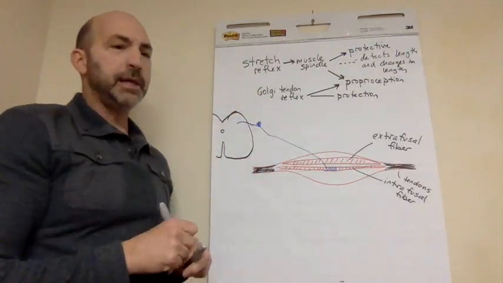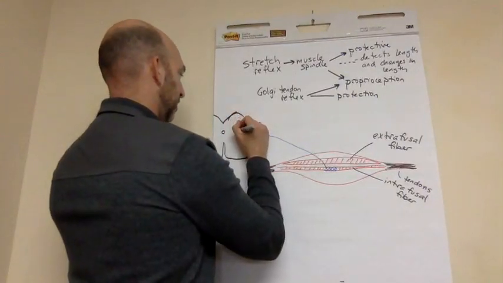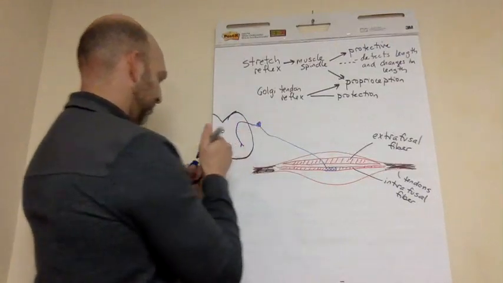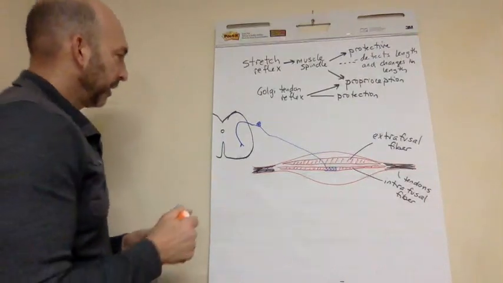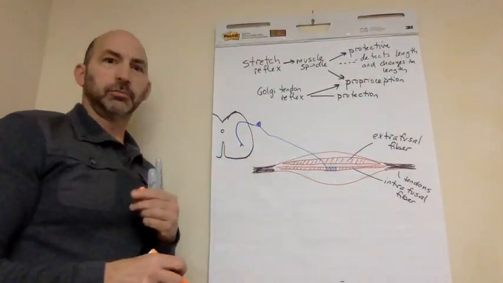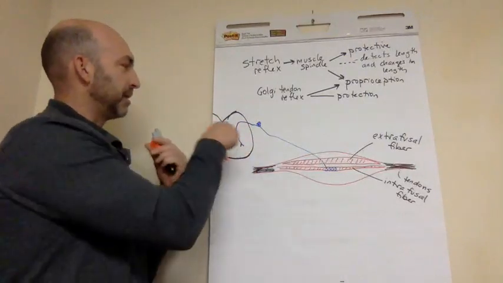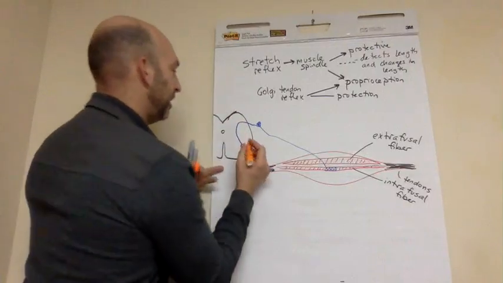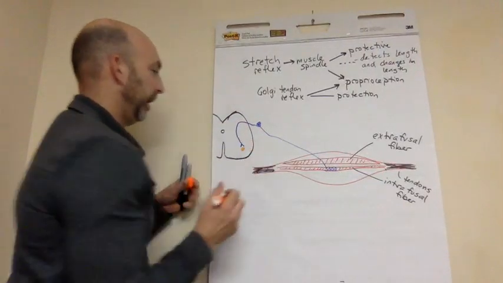And it's going to come in there, and it's going to synapse actually directly with a motor neuron in the ventral gray horn, right? I didn't draw the gray matter, but it's coming in through the dorsal gray horn, and it's going to synapse with a cell in the ventral gray horn.